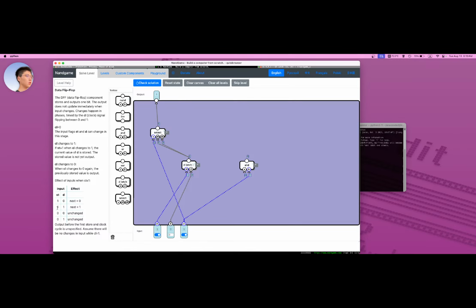Fine. If it is 1, 1, output is 1. Okay, fine. 0, 0, 0, 0, 1, 0.